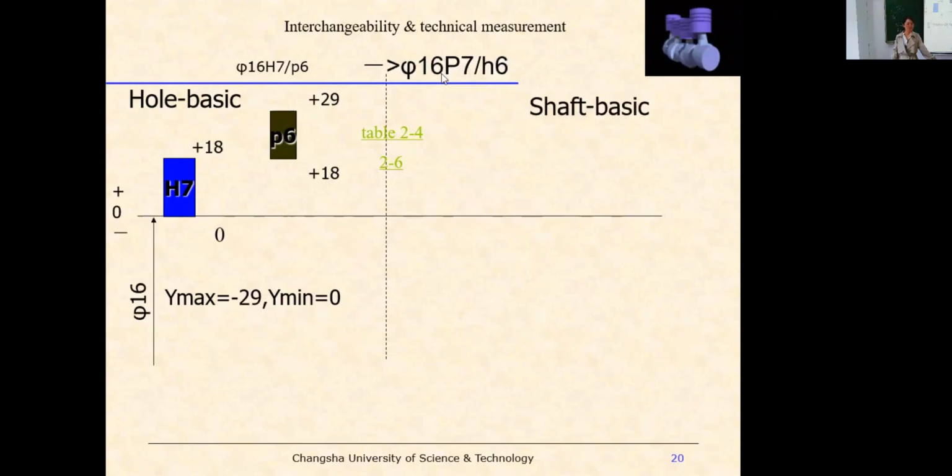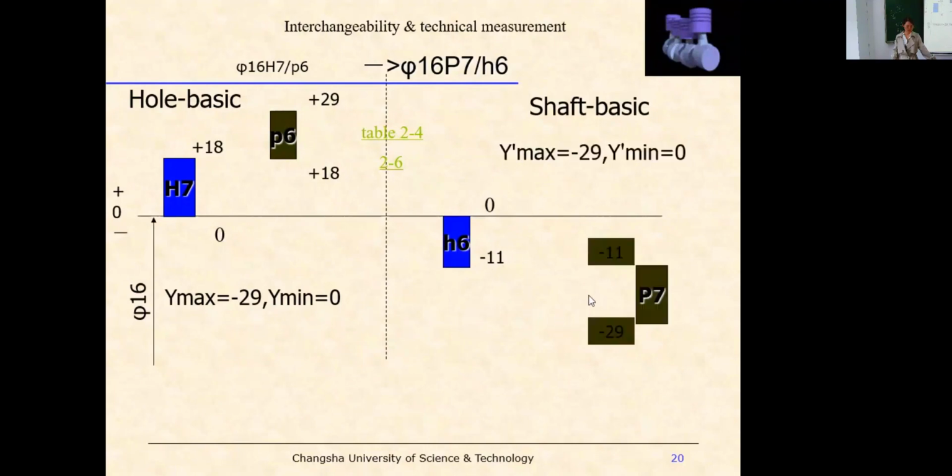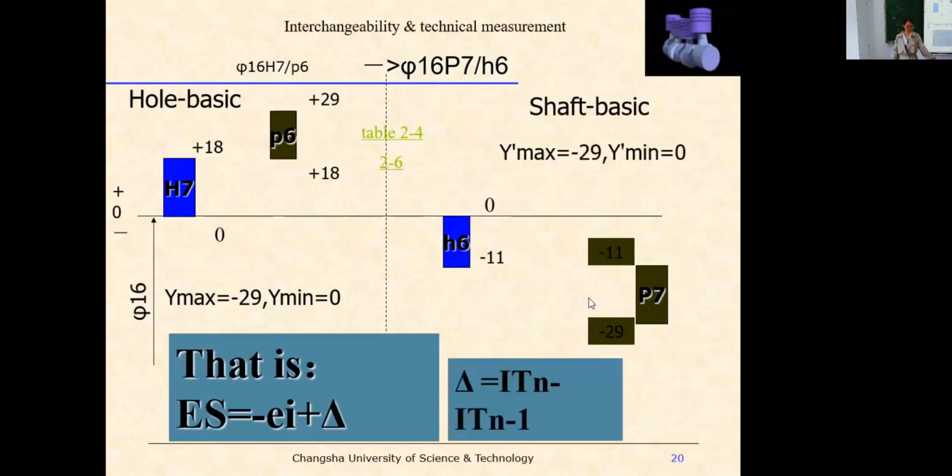So for the shaft basis, the hole is 0 and 11 here, right?